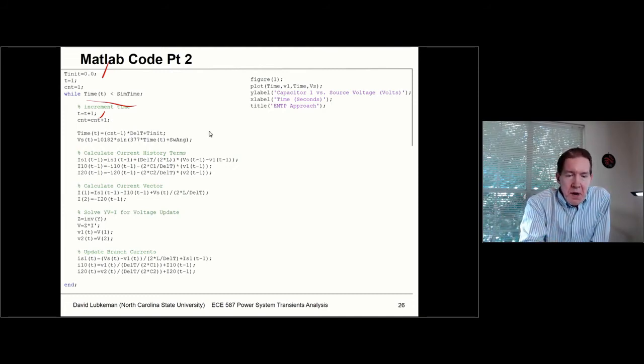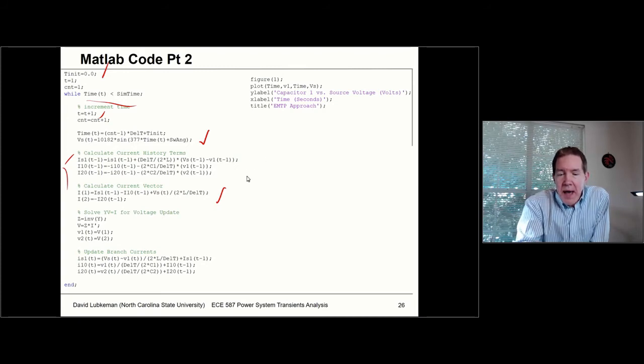I update my voltage in this case. Then I calculate all these various history terms, the capital I terms, using the formulas we had in the slides before. I put this into a vector. So this is actually the current vector, the total net current vector in this case.